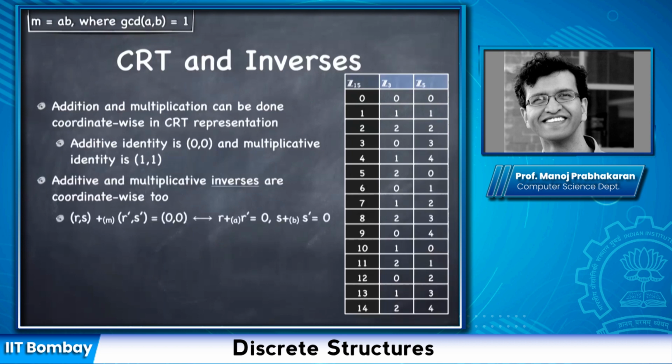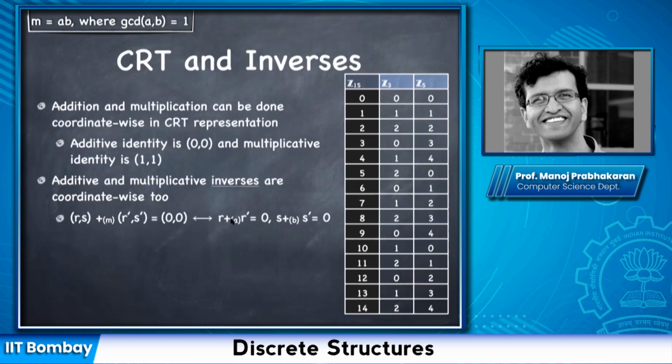Okay, for instance, consider the additive inverse of (r, s). Suppose the additive inverse of (r, s) is (r prime, s prime) in the CRT representation, which means r plus r prime should be equal to 0 modulo A, and s plus s prime modulo B should be equal to 0.